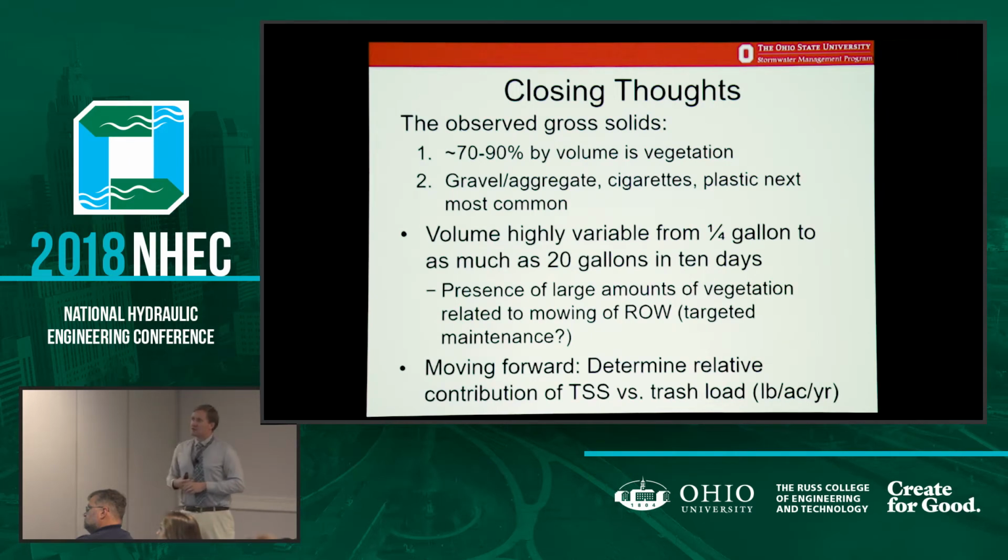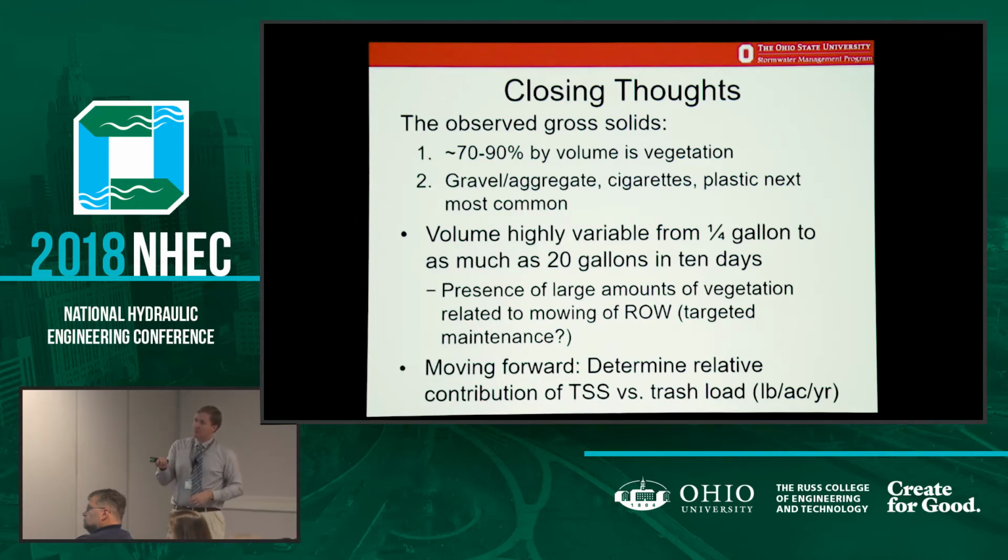So closing thoughts, observed gross solids or trash in this study was about 70 to 90% by volume vegetation. So it could lead to a targeted maintenance regime where, if we're going to use catch basin inserts, we really target right after mowing. That's a time where we know we have to go out and maintain these systems.